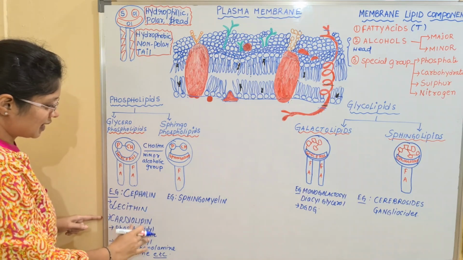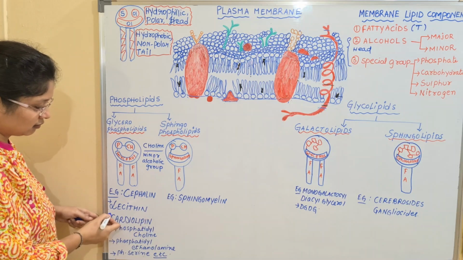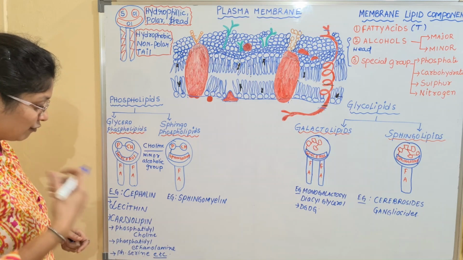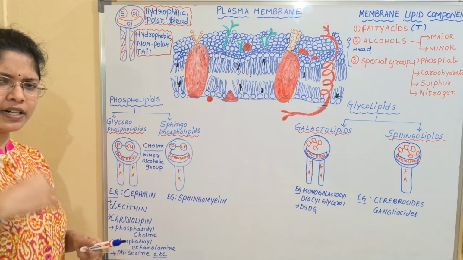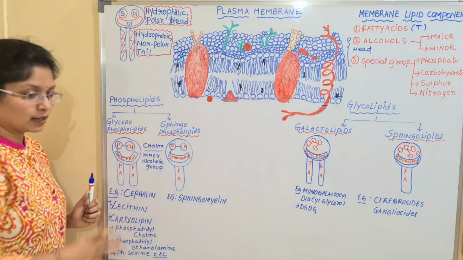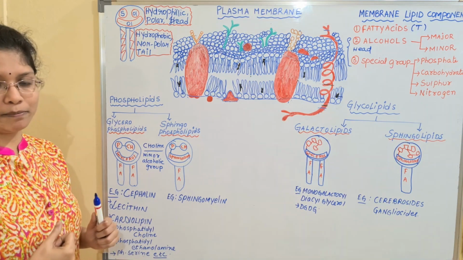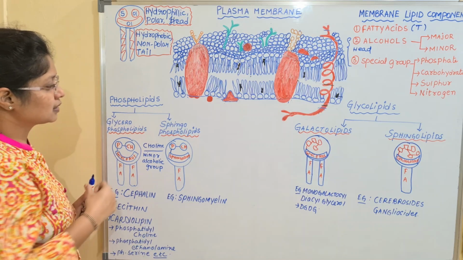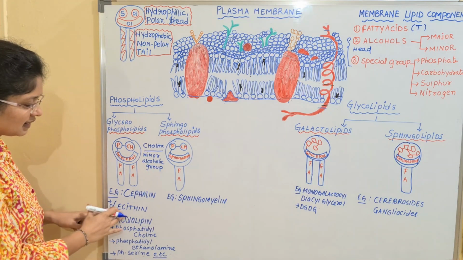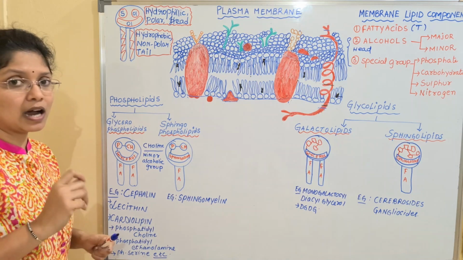Then coming to the examples, we have cephalin, lecithin, cardiolipin, phosphatidylcholine, phosphatidylethanolamine, different types of compounds. All these lipid molecules are part of the membrane. Mainly, lecithin is part of the brain tissue.